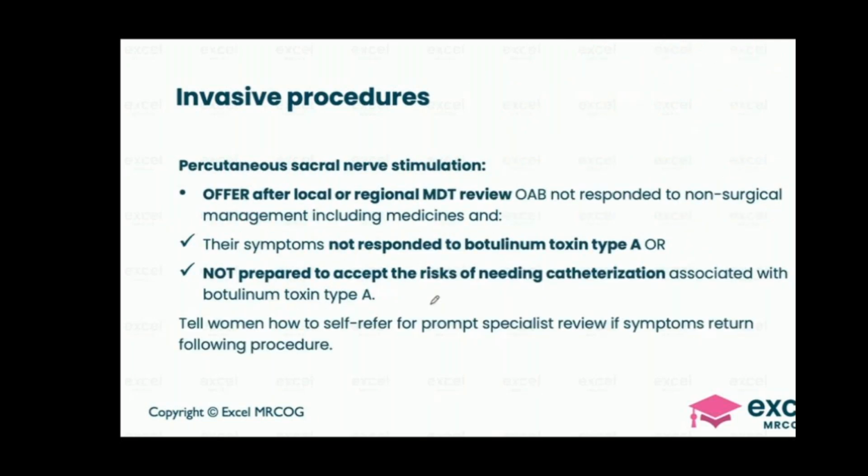Now, this is another thing which may be asked. Percutaneous sacral nerve stimulation. What happens here? The sacral nerve is the nerve that supplies the bladder. So if it is supplying the bladder, you can manipulate the nerve to contract or relax the bladder. Basically, you are stimulating the nerve to such an extent that it becomes kind of paralyzed, so you are preventing the bladder contractions from occurring.